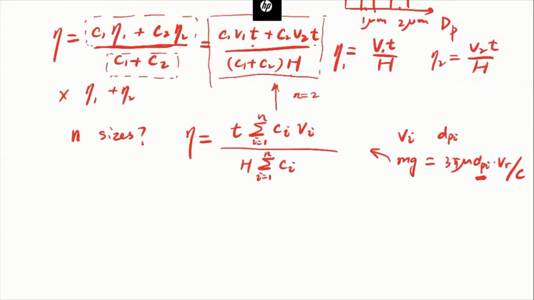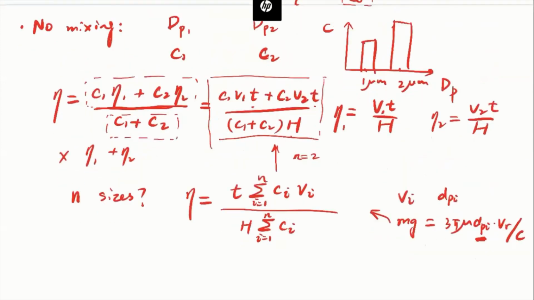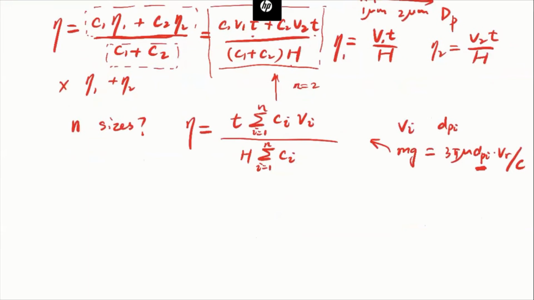Okay, so right here we were assuming that particles have n different sizes. You can think of it as a situation that looks like this. We have dp, we have concentration, right? It's similar to the impactor measurements: at a specific size, we have a specific concentration.